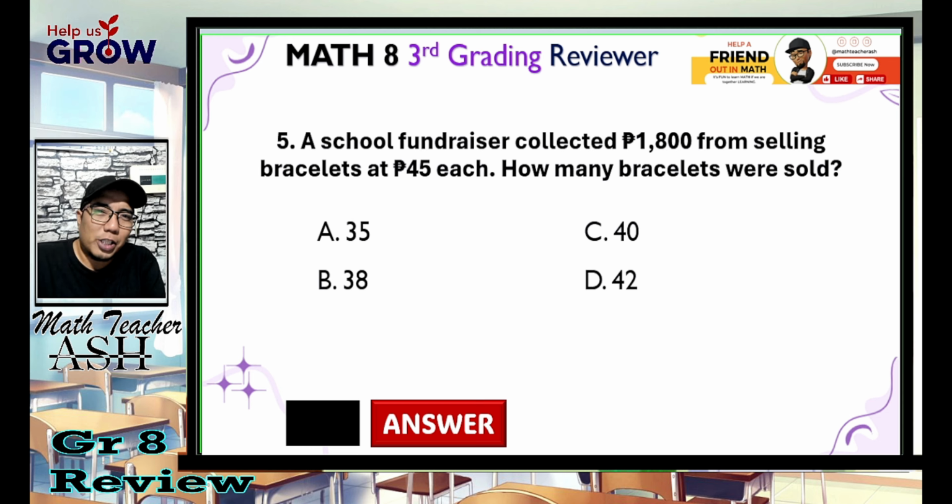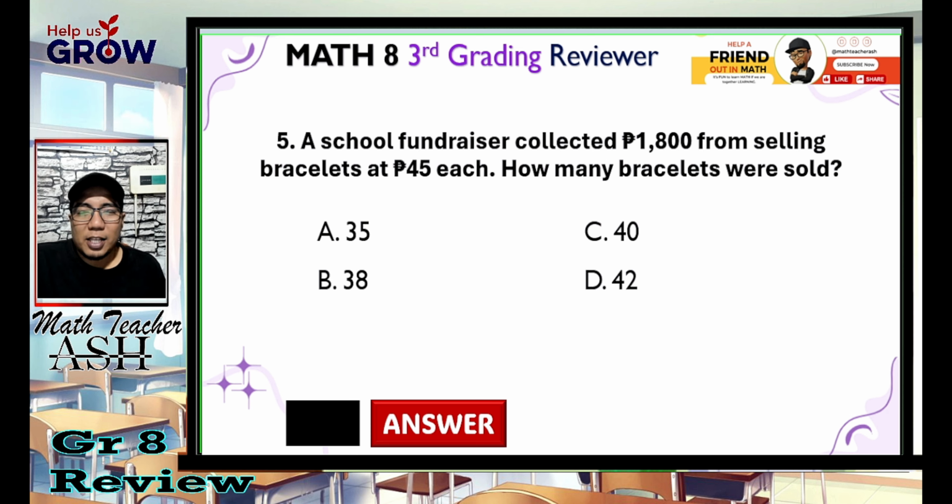Okay, my dear math learners, in order for us to answer this problem, of course, what we need to do is just divide 1,800 pesos by 45 pesos because that is the amount for each one bracelet. Okay, so therefore, 1,800 divided by 45, the answer would be 40.